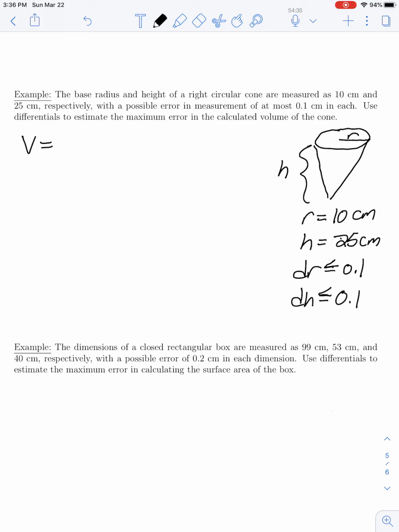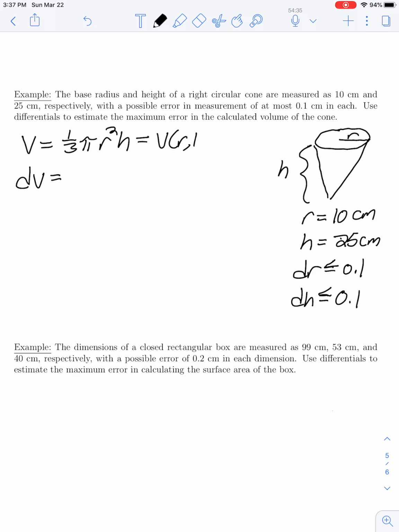And the volume of a right circular cone is given by 1/3 pi times r squared, the radius squared, times the height of our cone. So we are looking for a small error or a possible error in the volume of this cone, which we could think of as the differential of this volume function. Now here our volume we see is a function of two variables.